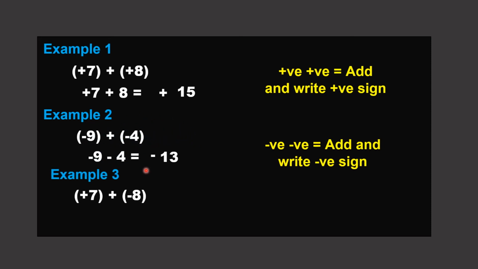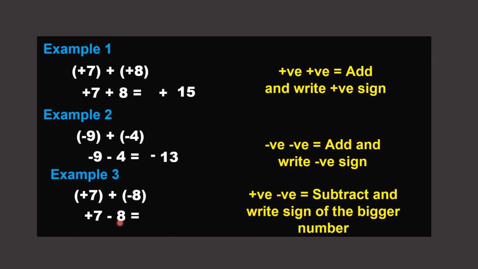Example 3. Plus 7 plus minus 8. This is addition of a positive and a negative integer, right? So write the first number as it is and the second number also as it is. So you will write plus 7 and you will write minus 8. This is a positive and negative integer, right? Two different signs. So what will we do?